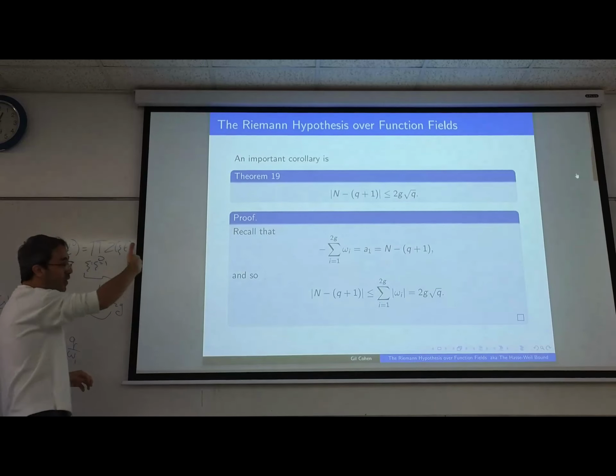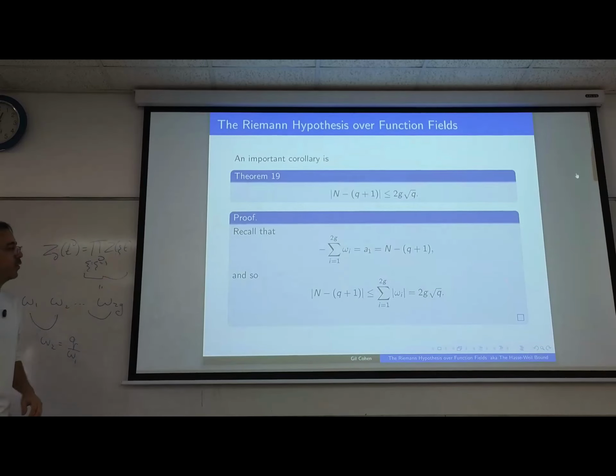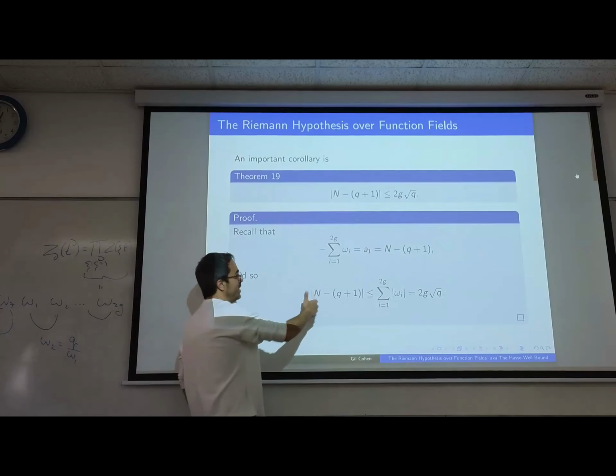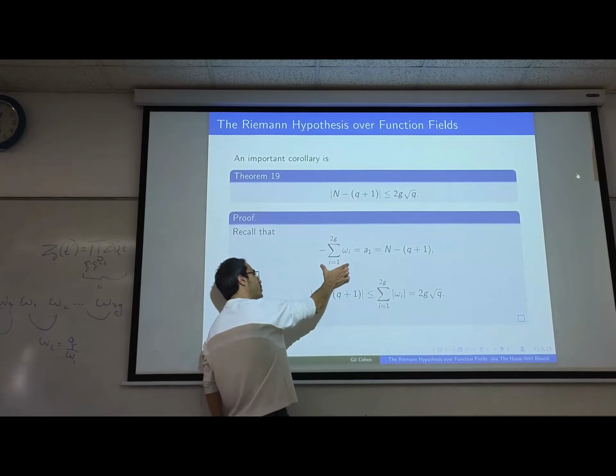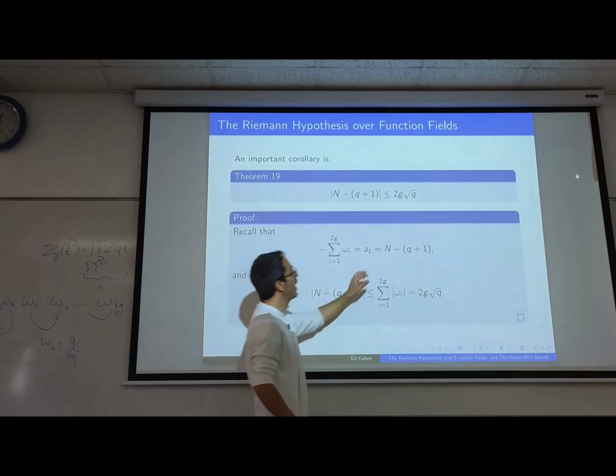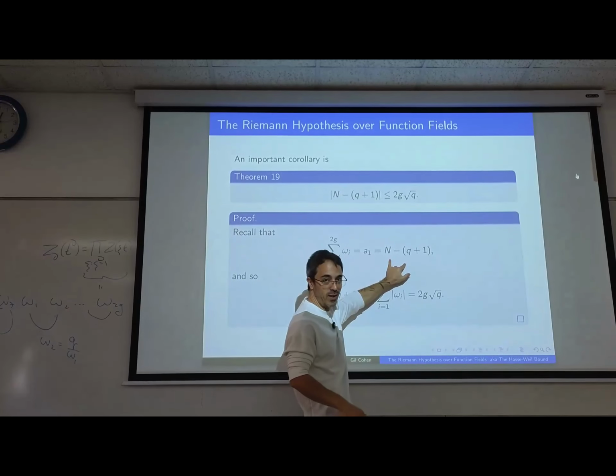And why does this follow immediately, by the way, from this theorem and what we did, because we know that the sum of the omegas, or their negation, is a1. And if you remember, a1 was precisely n minus q plus 1.